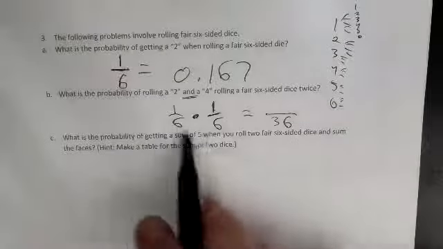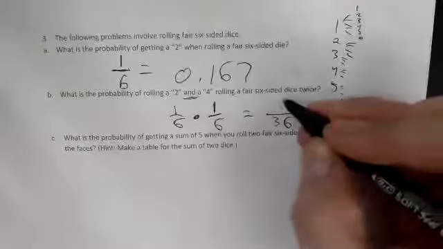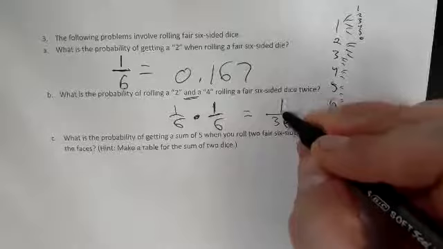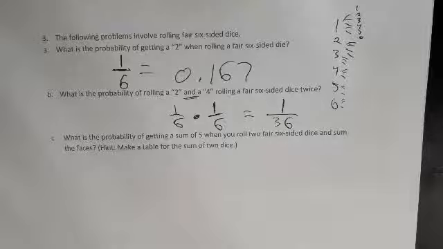And rolling a 2 and then rolling a 4, that's how many options out of all of them? 1 times 1 is? 1 out of 36. It's 36. Yep.